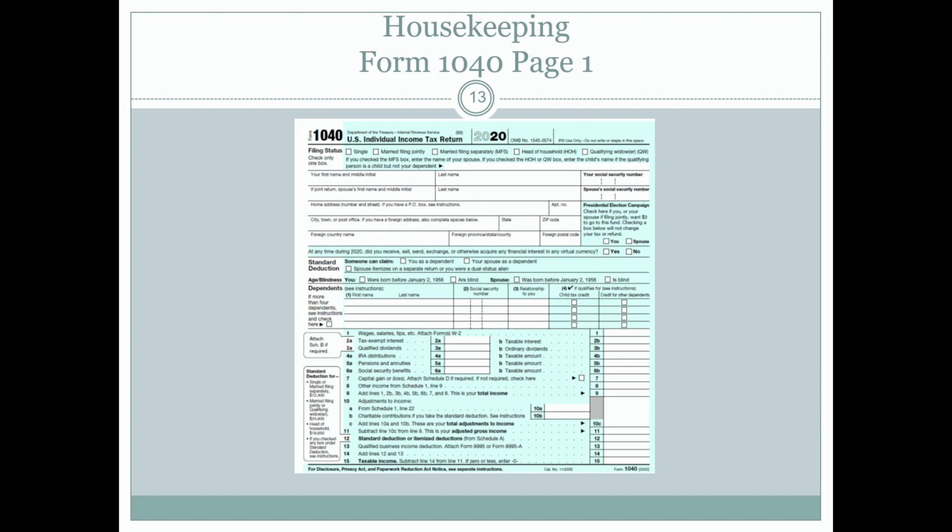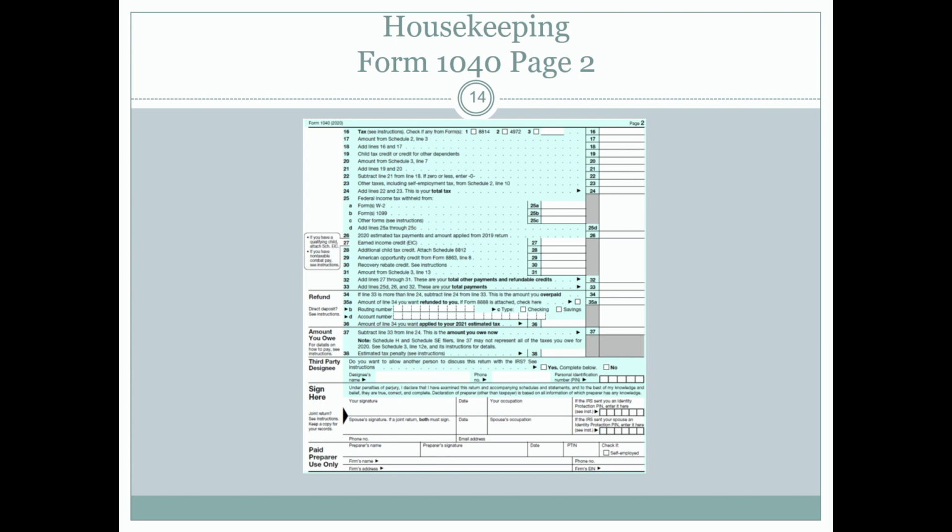After we've taken their information from that intake we just saw, the 13614-C, we input all that information and it will populate the summary that goes on page 1. This has their filing status information, the taxpayer and spouse, their basic information, if there are any dependents, and it then lists income information, as well as any adjustments.